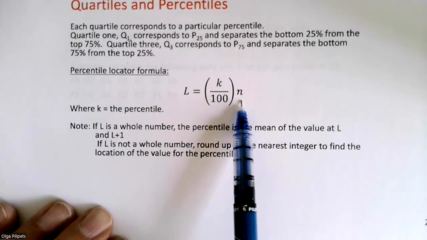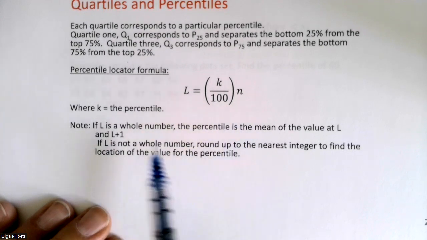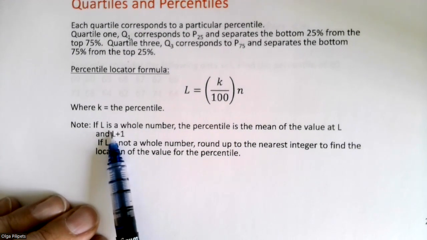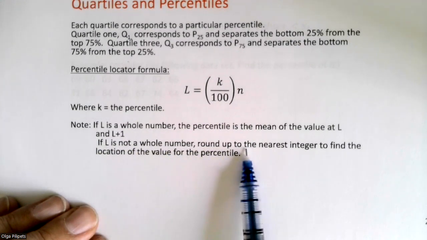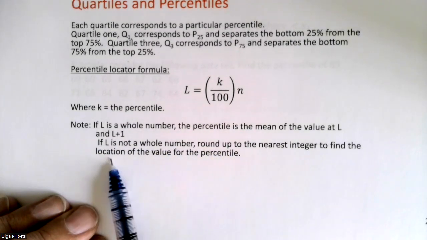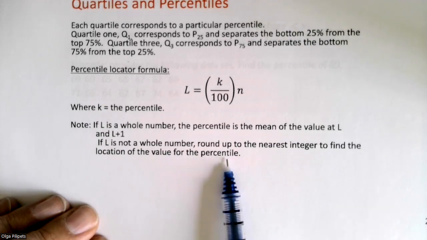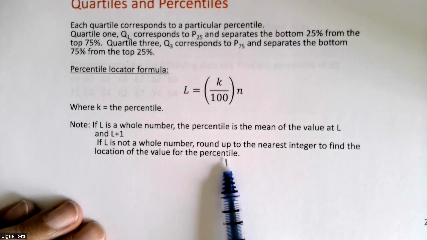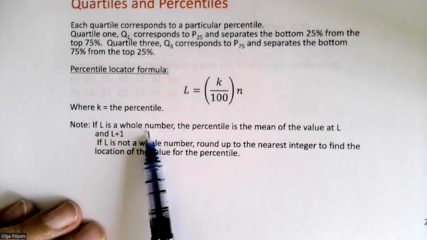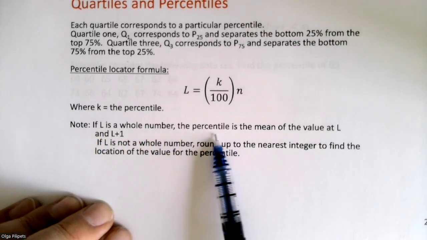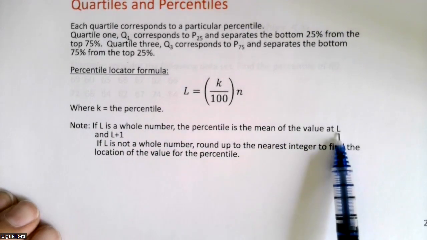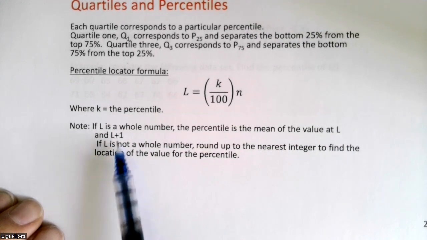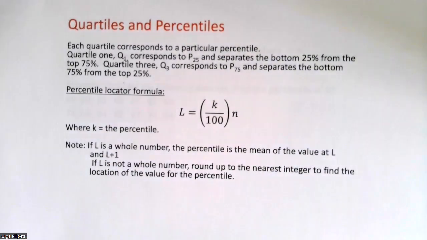And then N is the size of our data. Now, note, if L is not a whole number, round up to the nearest integer to find the location of the value for the percentile. That's pretty straightforward. If L is a whole number, then the percentile is the mean of that value located at L and the next one up. Okay, let's take a look at some examples.